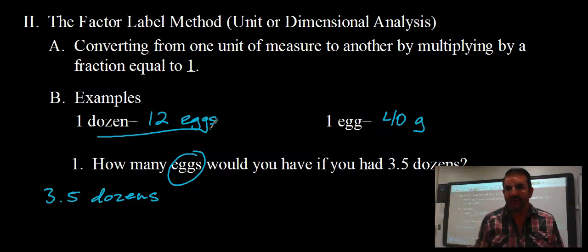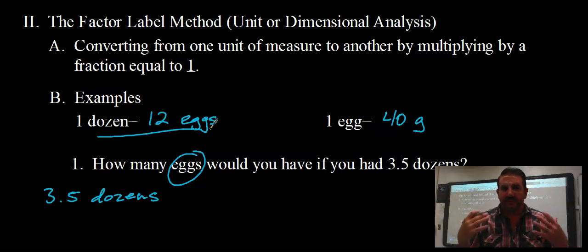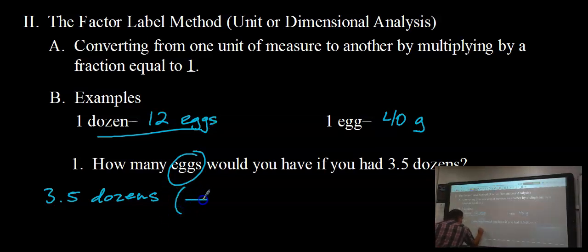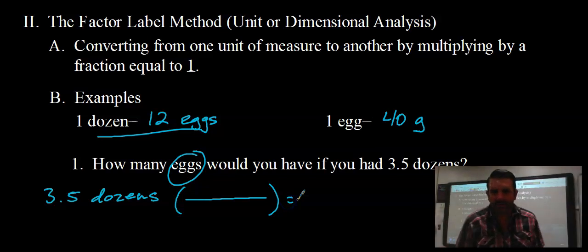When I say draw a conversion factor, all that means is we're going to take this 3.5 dozens and multiply by a fraction. And so I'm going to put that fraction in parentheses. So all we're doing here is we're multiplying fractions. All right, here's how it works.